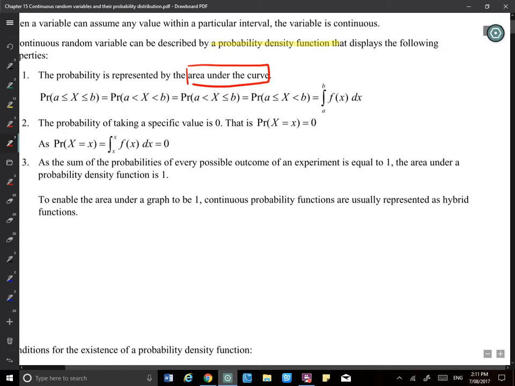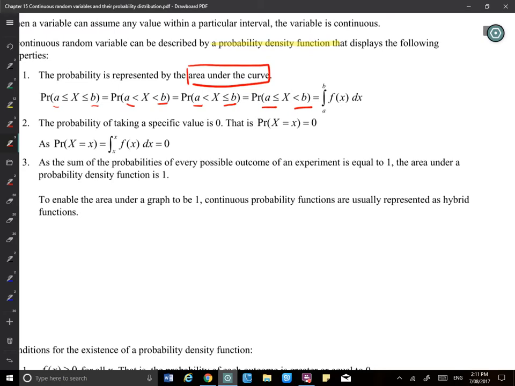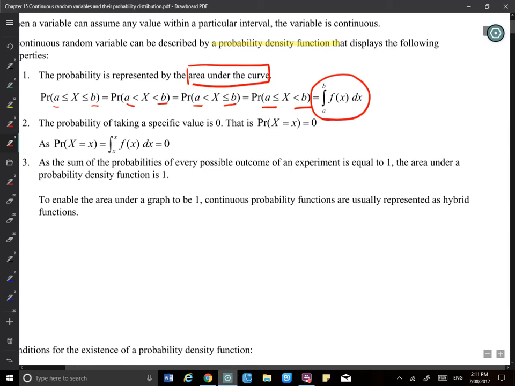I want the probability that X is between a and b, including a and b, not including a and b, including a but not b, or including b but not a. They all have the same probability. It doesn't matter whether you include the endpoints or not. The probability is always the area between a and b.